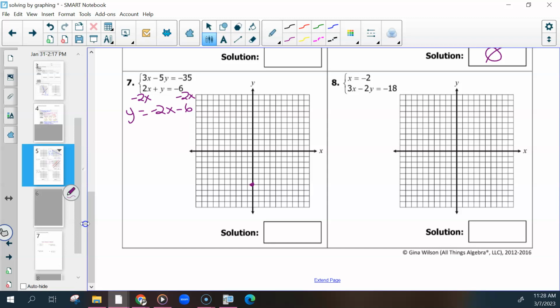Your slope is -2, so up 2, left 1, as many times as possible, and down 2, right 1, as many times as possible. Once you have that work and graph, you can do the other one.